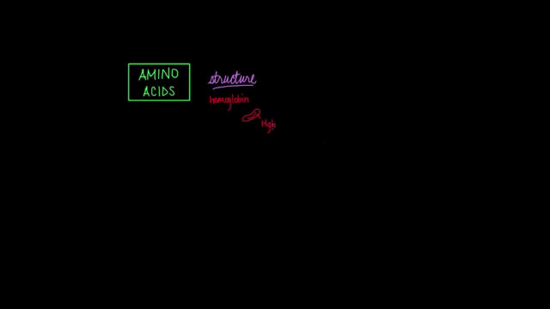Just gonna write it out as HGB here. And this hemoglobin protein is what is actually responsible for picking up oxygen when this little red blood cell flows through the vessels in the lungs, picks up oxygen, and then transports this oxygen to all the various tissues within our bodies.